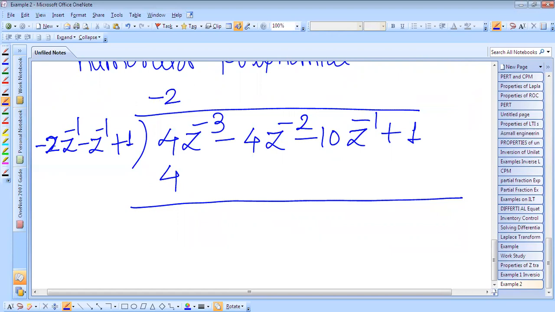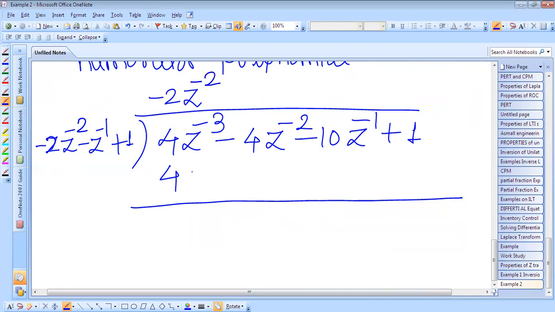So minus 2 is minus 4, and z raised to power minus, actually it is 2 here, z raised to power minus 2. So minus 2 z raised to power minus 2 here, so it will be minus 2.